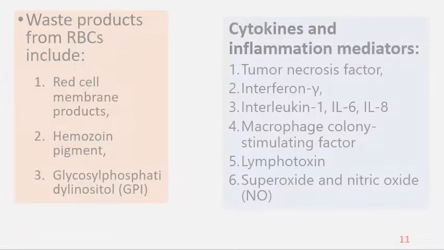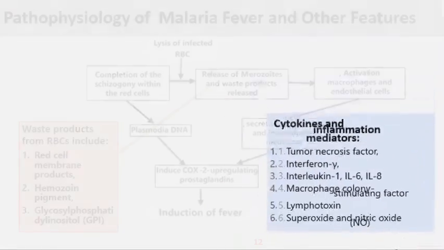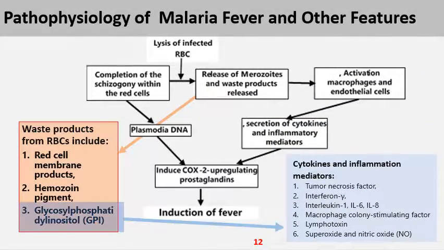These substances, particularly the GPI, activate macrophages and endothelial cells, causing them to secrete cytokines and inflammatory mediators such as tumor necrosis factor, interferon, interleukin 1, interleukin 6, interleukin 8, macrophage colony stimulating factor, and lymphotoxin, as well as superoxide and nitric oxide.